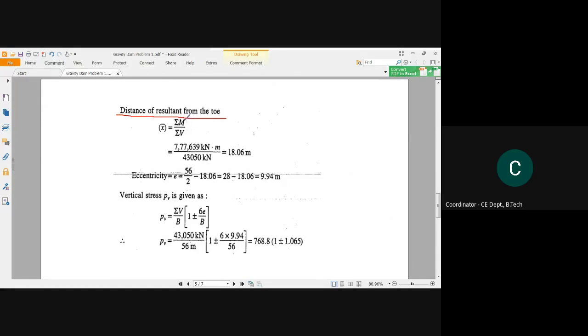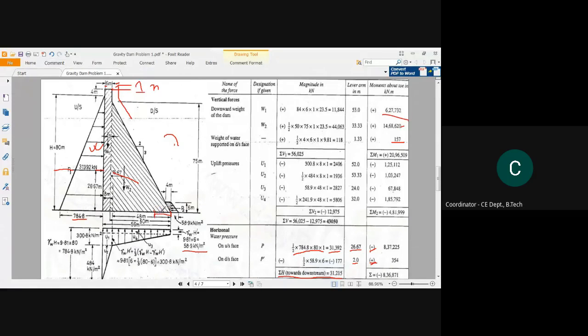So the summation of all the moments which we have calculated in the earlier table divided by the summation of all the vertical forces will give me this distance. So the resultant force is at 18.06 meter from the toe. At this point that resultant force will work.